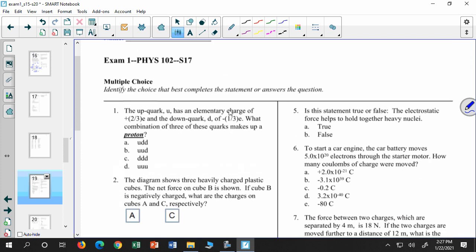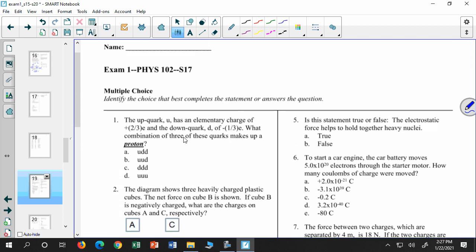Ooh, this is a good one. Did we do a court question in class? Yeah, we did. It was different from this, though, I think. Let's try. Oh, yeah. So you do it the same way, except you're looking for a combination of these that add up to plus 1e, which is a proton.